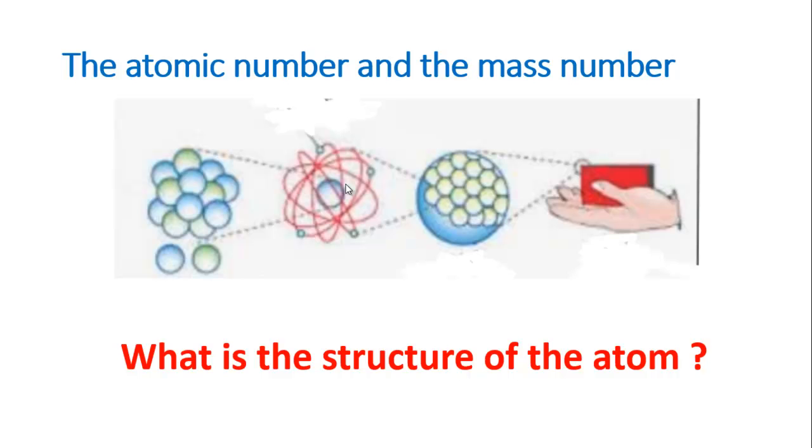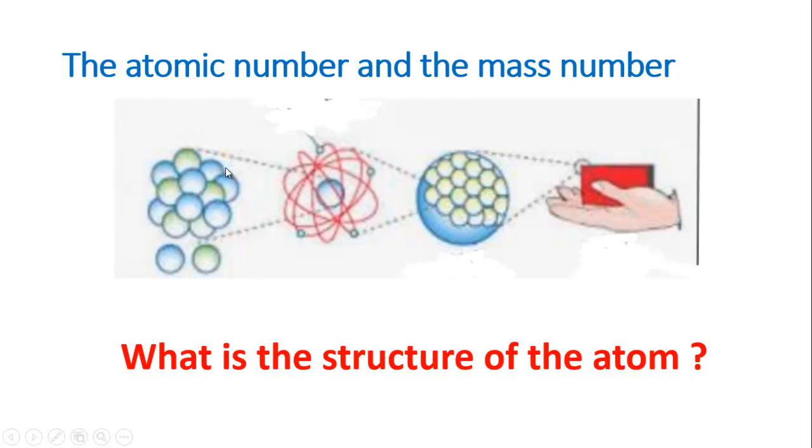What about inside the nucleus? The nucleus contains two parts, positive proton and neutral neutrons. Again, the atom consists of the main three parts, proton, neutron, and electron.